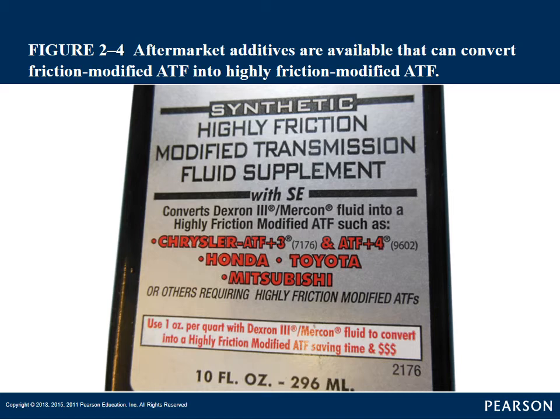Okay, this most likely wouldn't work if you started with a Type F. If you tried to start with a Type F, then it probably wouldn't work if you tried to get to an ATF+4. Okay.